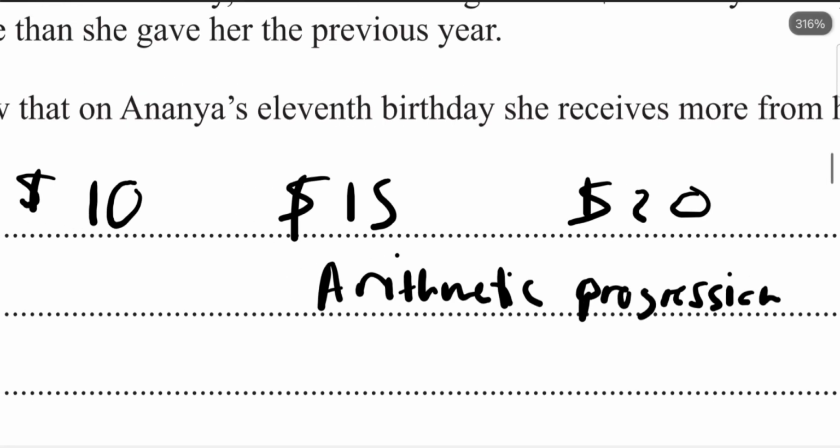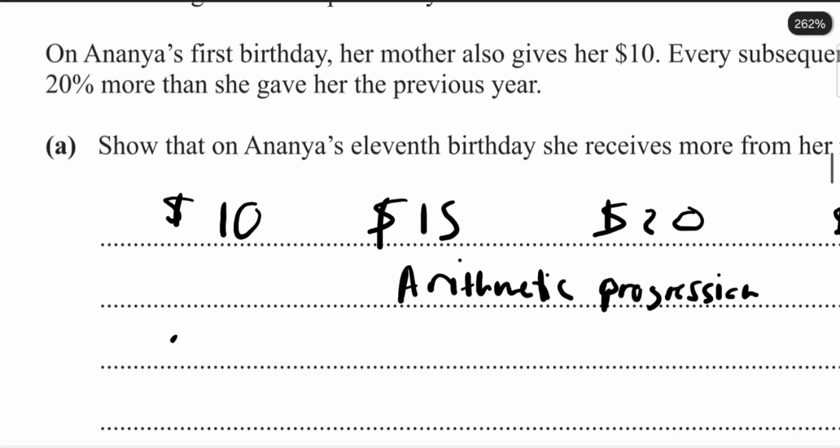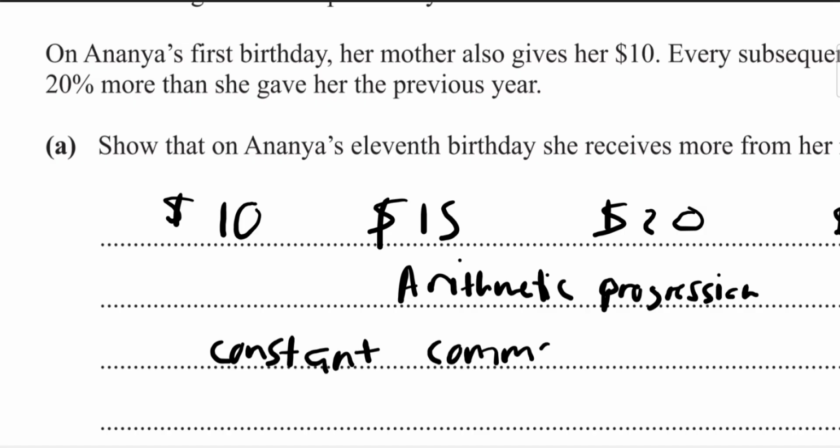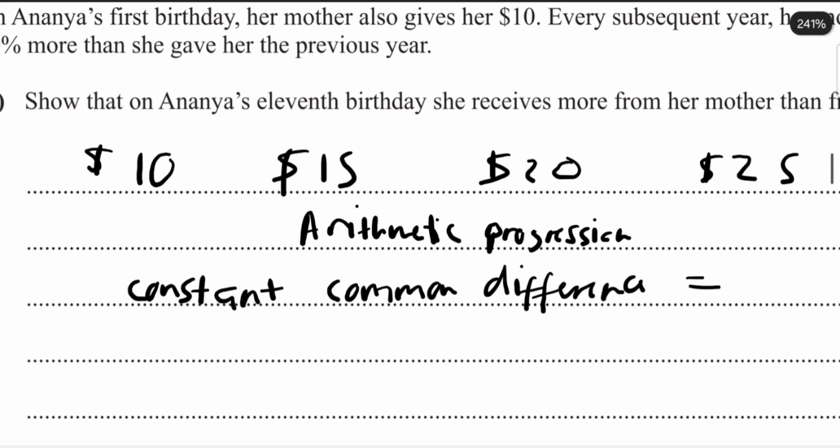And why do I say so? There's a constant common difference of 5. So 15 minus 10 is 5, 20 minus 15 is 5, 25 minus 20 is 5.